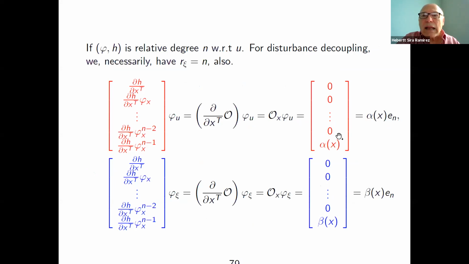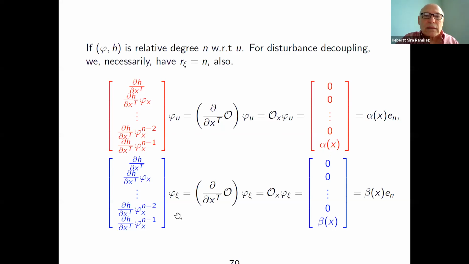And in the last step of the advance of the output, you will have the influence of the control input because the triple product of this gradient times this matrix times this vector gives you a scalar function alpha of x. So this will tell you that the control input is relative degree, let's say n.